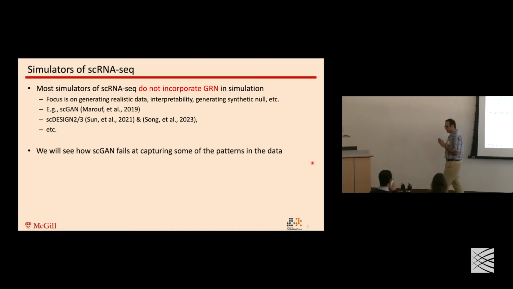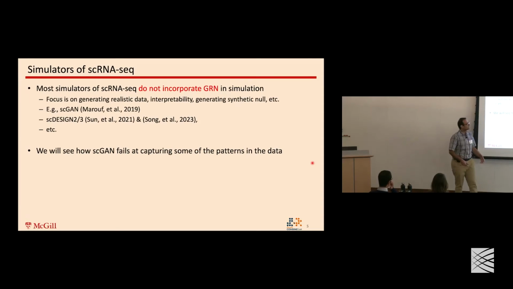These all enable us to simulate single-cell data that mimic the real reference data sets. However, they typically do not allow us to impose a specific gene regulatory network in the data. So what does that mean if our goal is to use our simulator for benchmarking different methods?